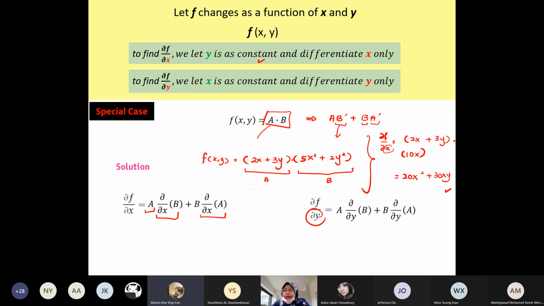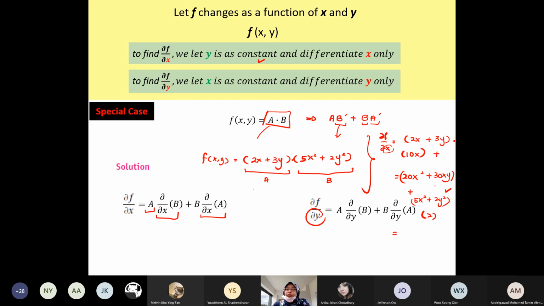Yeah. Okay, thank you. Okay, so plus B, which is 5x square plus 2y square. So B here becomes a constant. So multiply with A differentiated with respect to X, then you have 2.